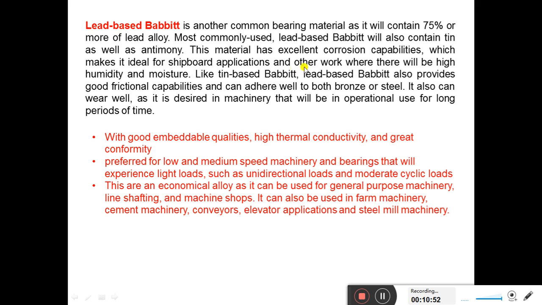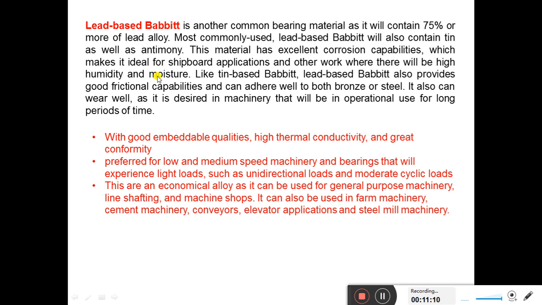And this material has an excellent corrosion resistance, which makes it ideal for shipboard applications and other work where there is high humidity or moisture.